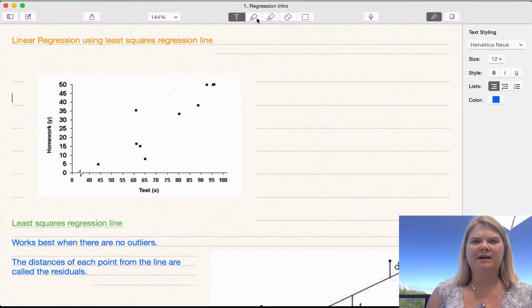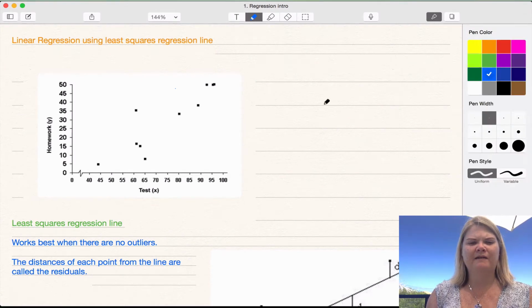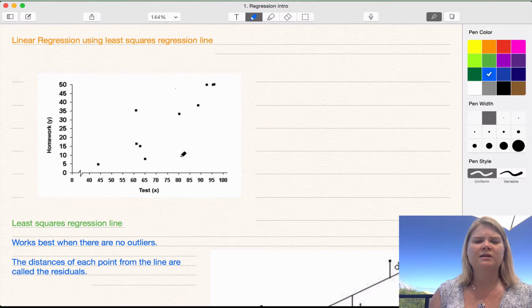Now, in the past, maybe in science in Year 7 and 8, you may have drawn a scatter plot like the one we've got here, of data from an experiment that you conducted, and you might have been asked to draw a line of best fit into the data.